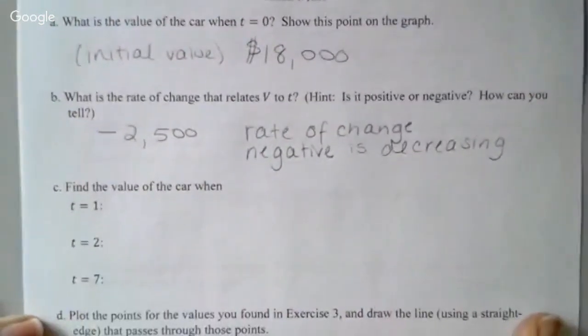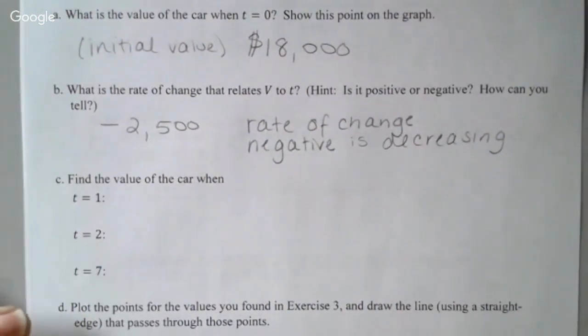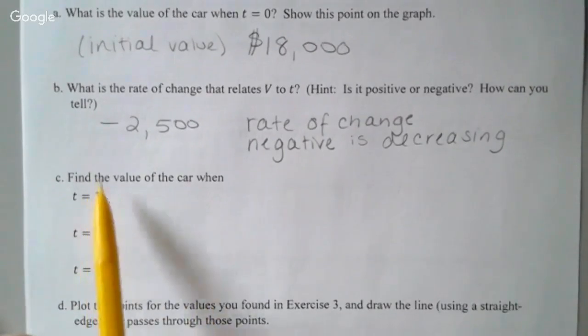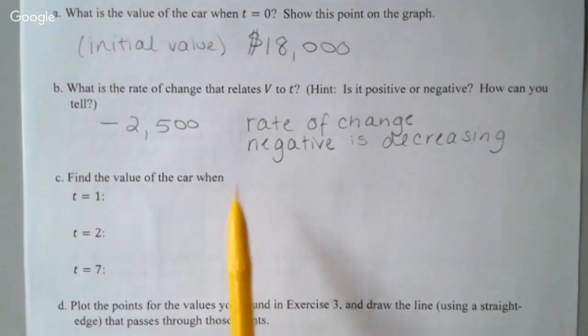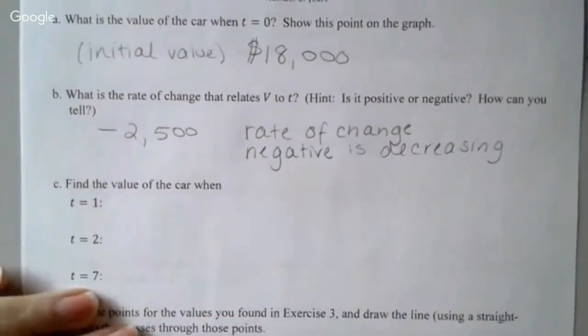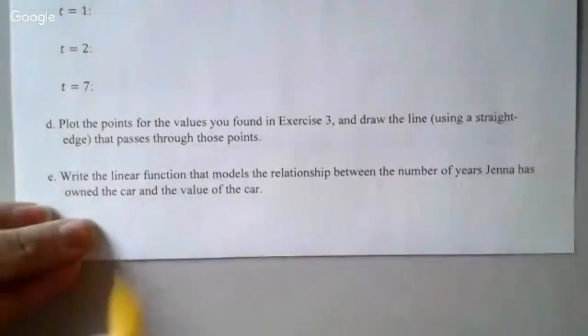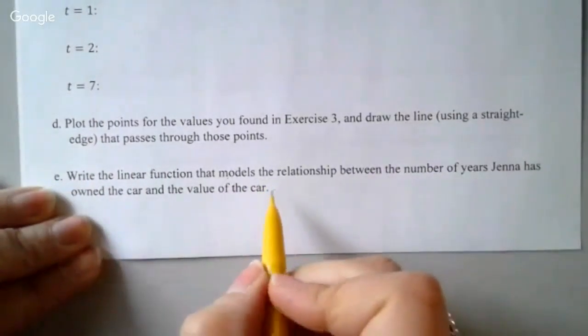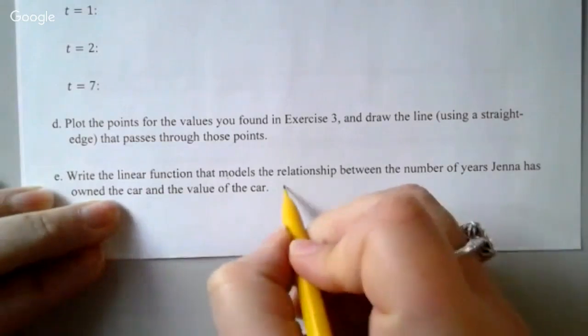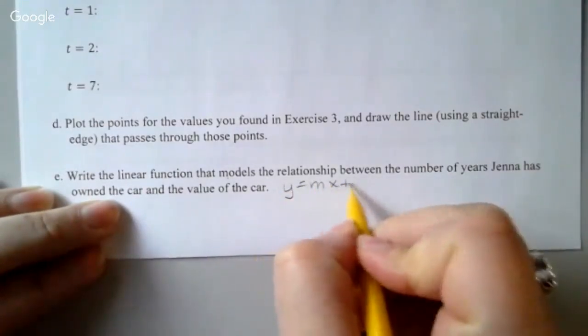Okay, then in part C, it says find the value of the car when. So we might want to actually go down and think about how to write the equation first, or probably what a lot of you do is you wrote the equation earlier than necessarily needed. So I'm going to go write it down in part D. It says write the linear function that models this. We would use y equals mx plus b form.